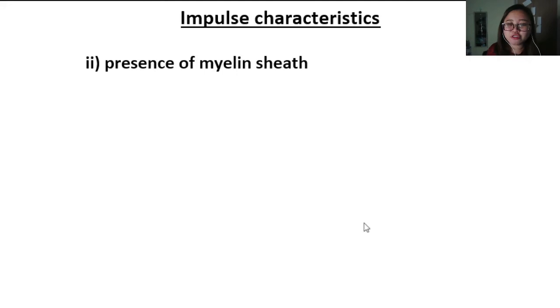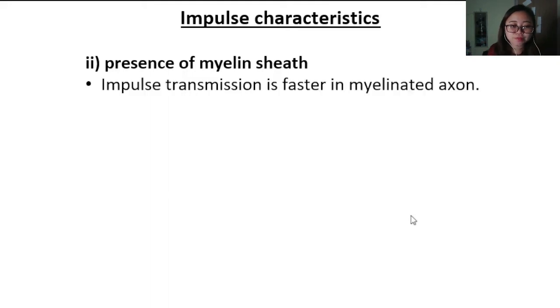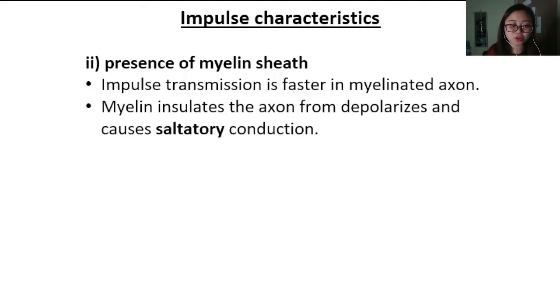The second factor that affects speed of impulse transmission is presence of myelin sheath. Impulse transmission will be faster in an axon with myelin sheath, which is what we call a myelinated axon. Myelin is an insulator. It insulates the axon from depolarizers and causes saltatory conduction. So, saya sudah pernah cakap, myelin ini adalah penebat.